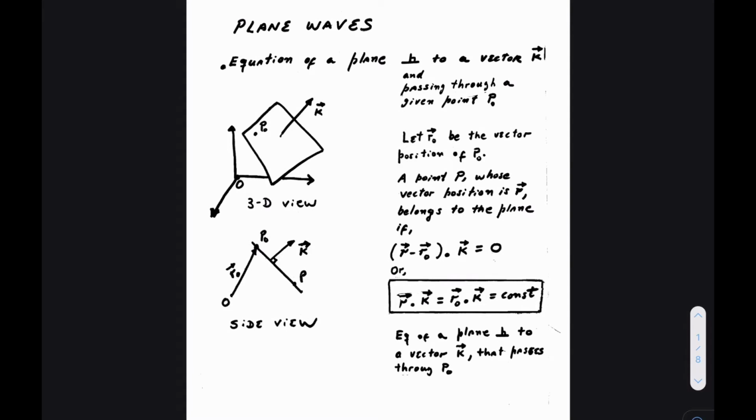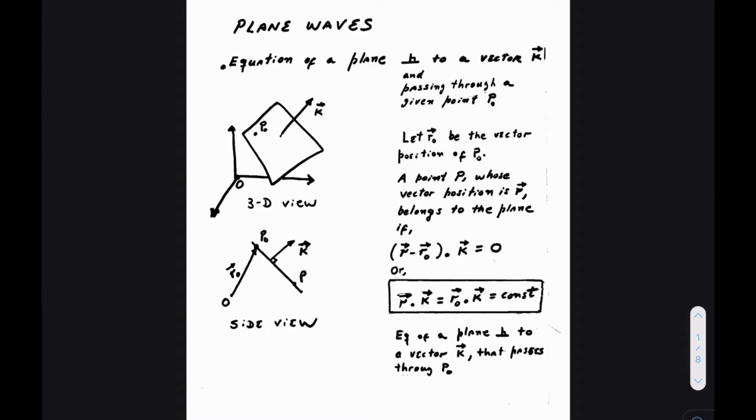Before finding out what plane waves are, let us first find the equation of a plane which is perpendicular to a vector k and that passes through a given point P0. In this diagram, you can visualize this situation.